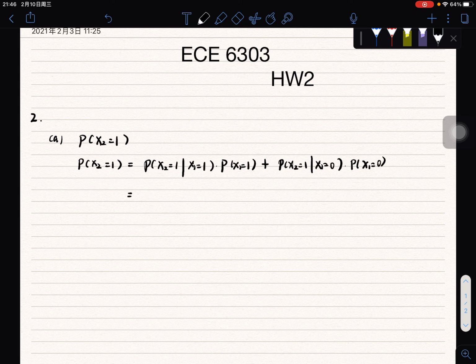And then we can replace the numbers into it. It equals 0.7 multiplied by 0.8 plus 0.4 multiplied by 0.2, and then we get the answer 0.64.